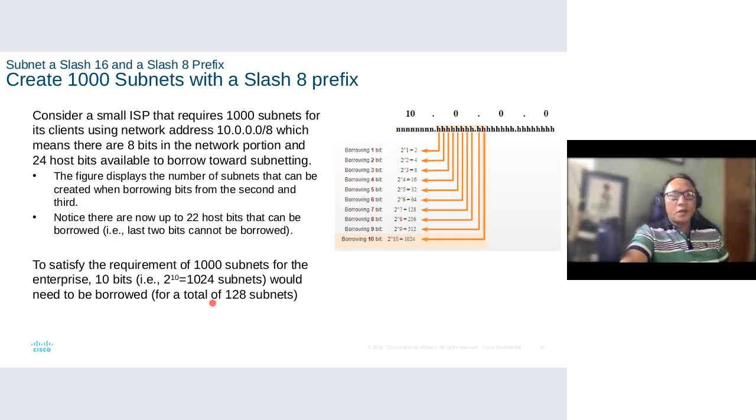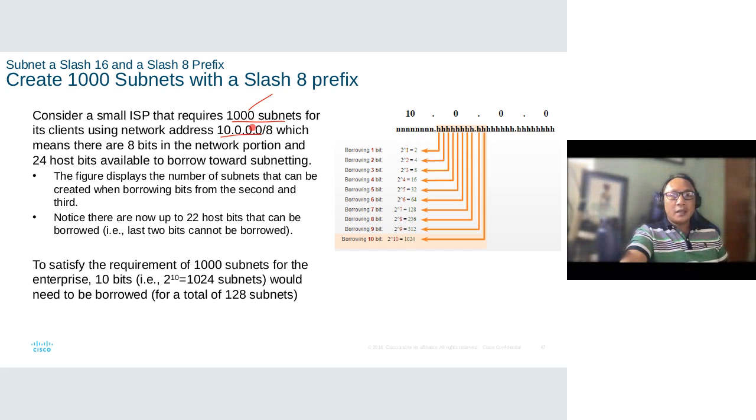Ito naman, example, ang requirement naman ito, 1,000 subnets naman ang kailangan using a prefix or a network of /8. Kung napansin niyo yung table ng /8 wala dito, pero pwede nating tingnan yung /8 kung ilan yung pwede nating i-borrow na bit dito sa example na to na ang image na nasa kanan. So remember, the number of subnets that we need is 1,000.